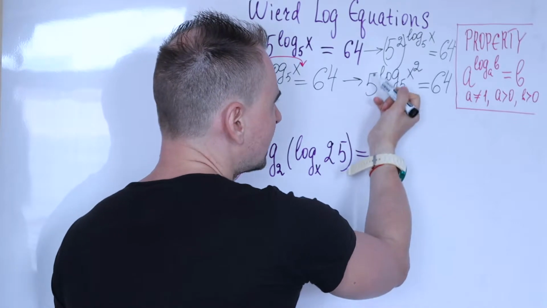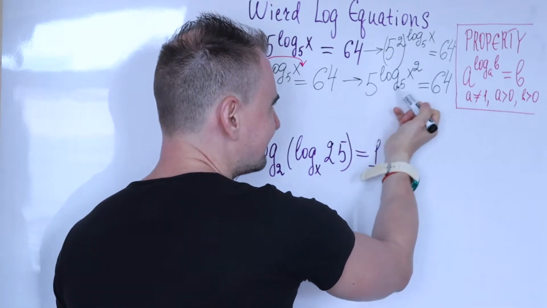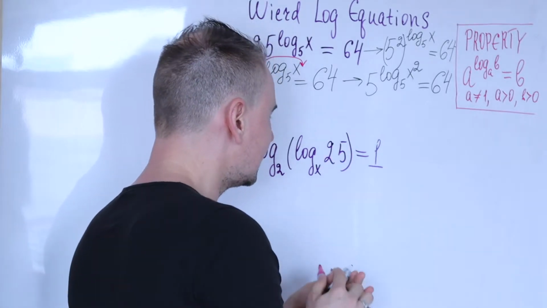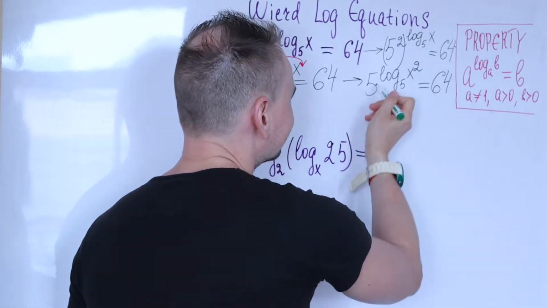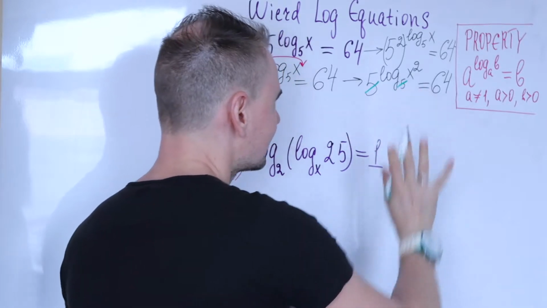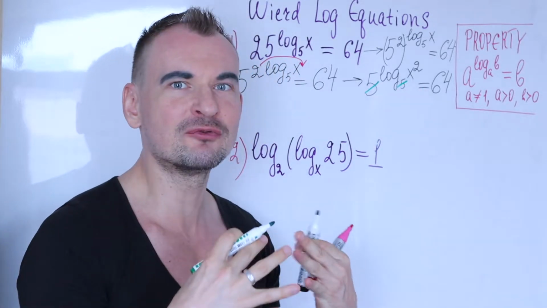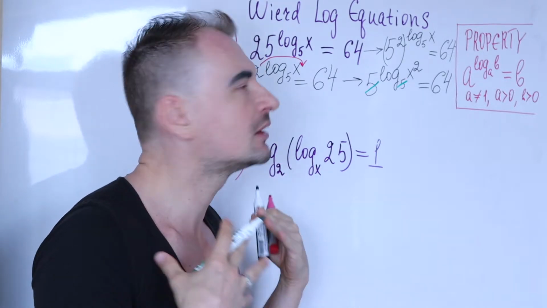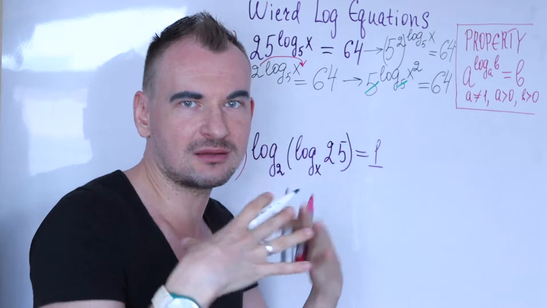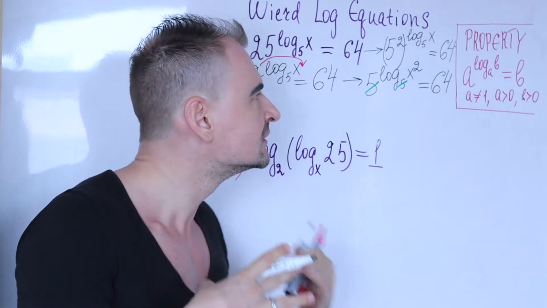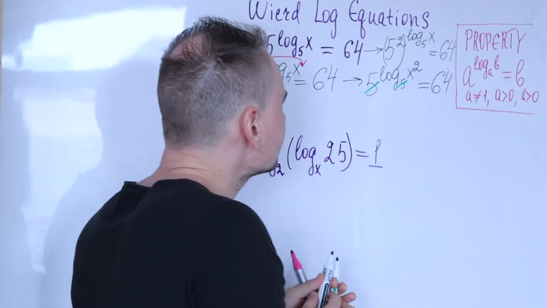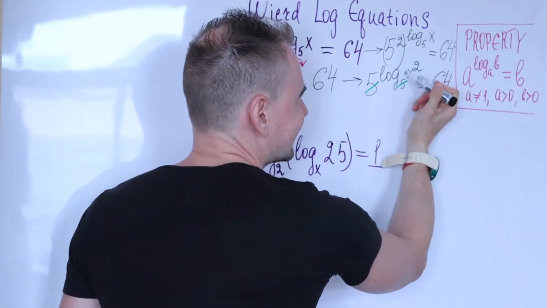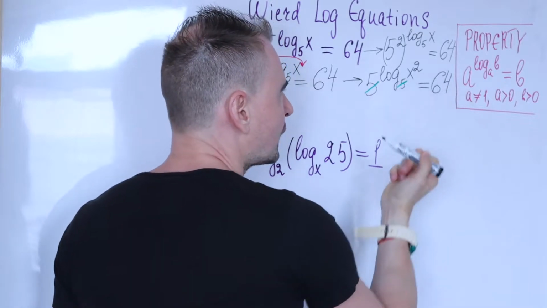Since these bases are precisely the same, 5, we could think of this as kind of canceling them, and we can get rid of this bulky power involving the log expression. So it just becomes whatever you have as an argument of your log.